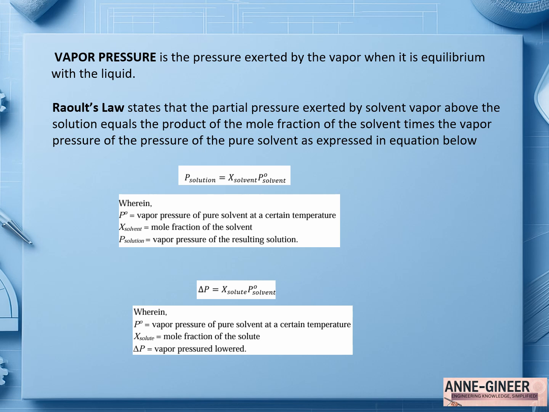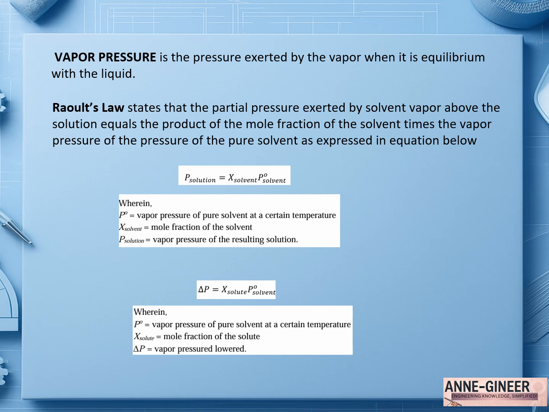So P solution is equal to X solvent times P naught of solvent, where P naught is the vapor pressure of pure solvent at a certain temperature, X solvent is the mole fraction of the solvent, and P solution is the vapor pressure of the resulting solution.